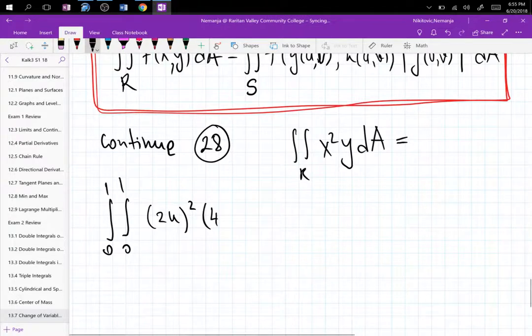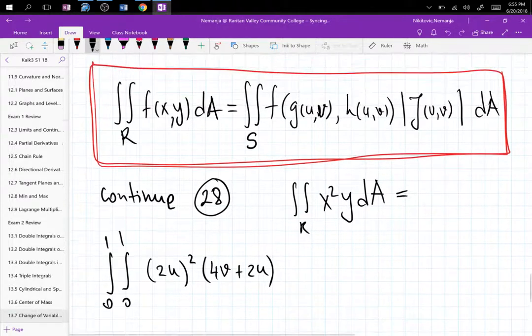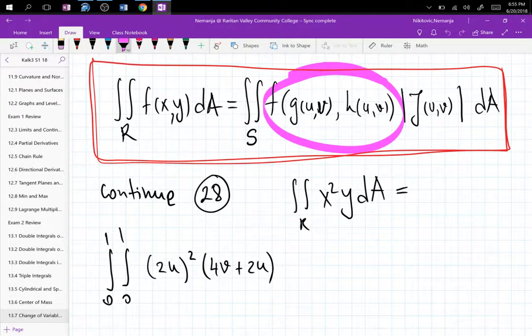This is the transformation of the function inside. Technically, what I did is this part of the formula, where I wrote the old function f, which was in terms of x and y, now in terms of u and v, using the transformation.